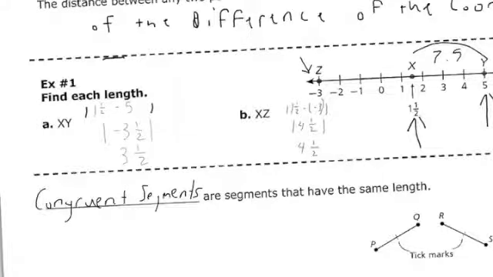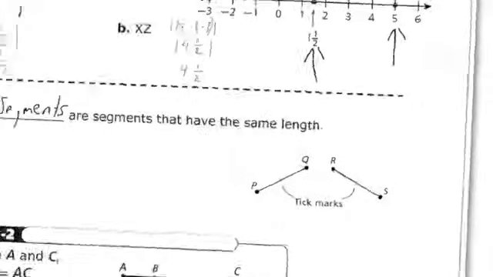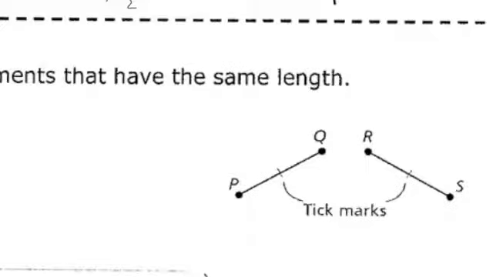The next term you need to know is that congruent segments are segments that have the same length. Let's take a look at this little diagram down here. You'll notice that you have the segment PQ and you have the segment RS. The first thing you'll notice is that they both have these little tick marks. Those tick marks represent that PQ is congruent to RS, congruent meaning that they are the same length.